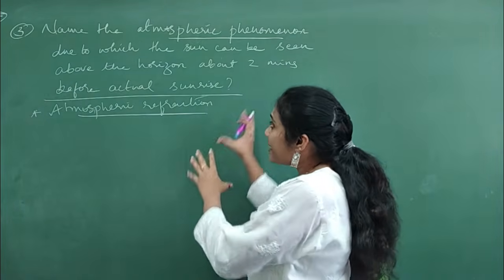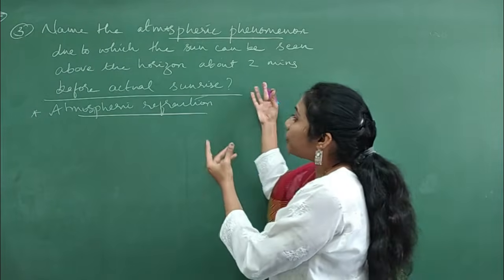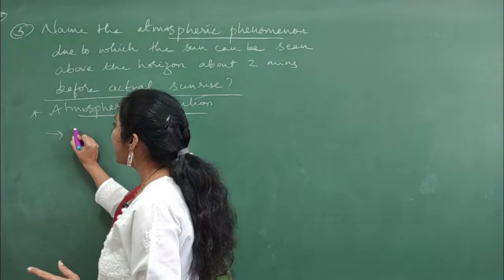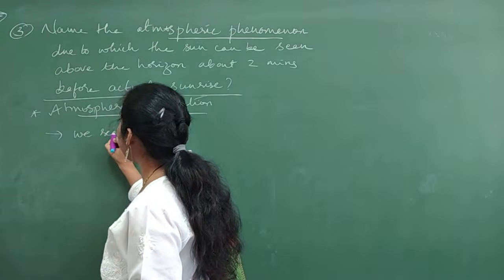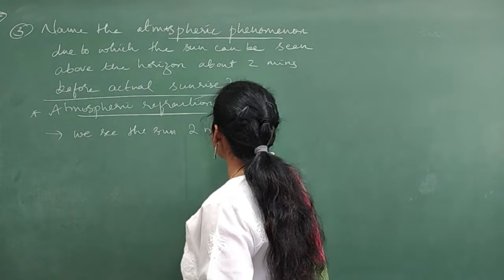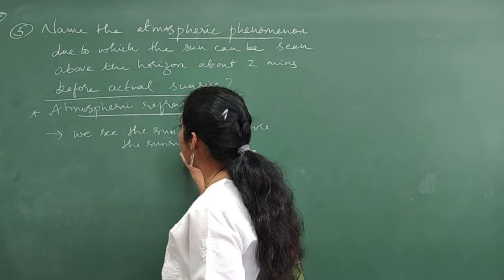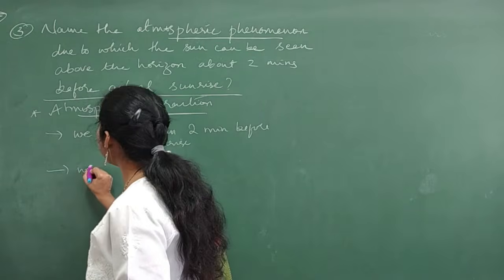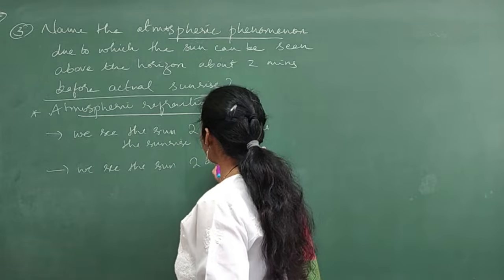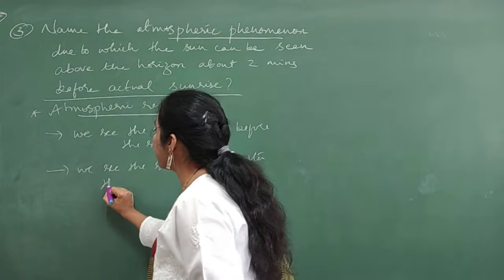Since the question has come, I am explaining the concept in a detailed way. Actually, there are 2 points you need to remember here. Due to atmospheric refraction, first, we see the sun 2 minutes before the sunrise, and we see the sun 2 minutes after the sunset.